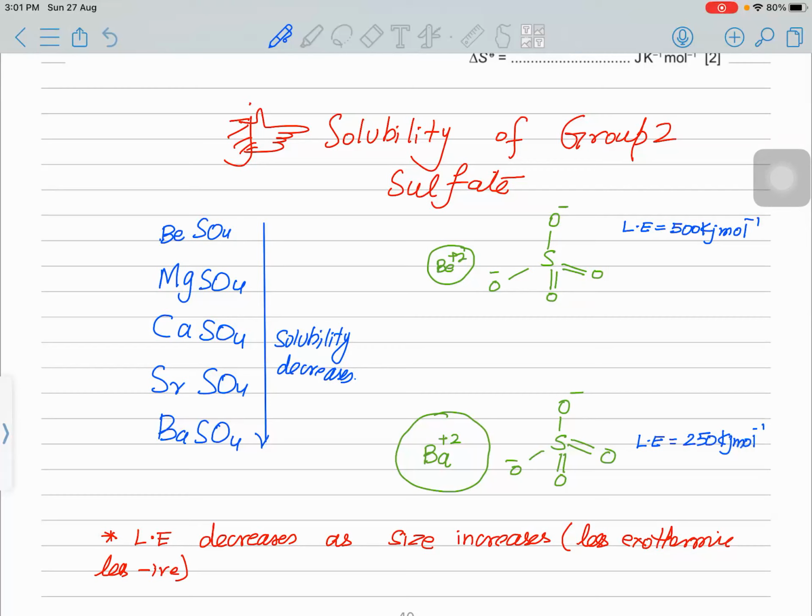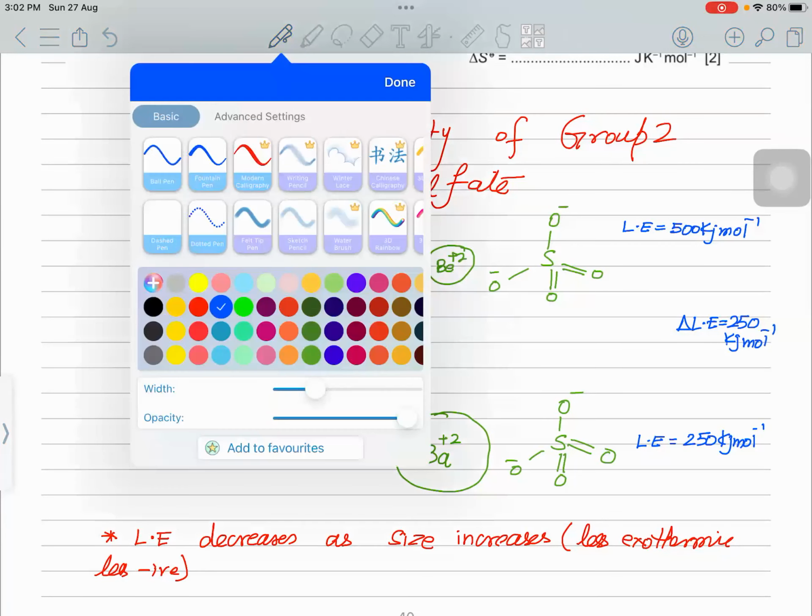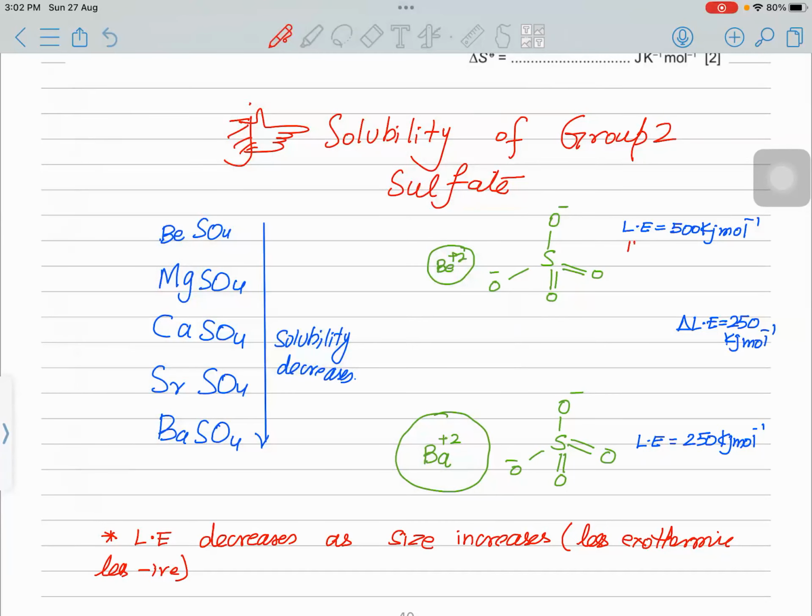Can you tell me the difference? Difference is 250 kilojoule per mole, right?